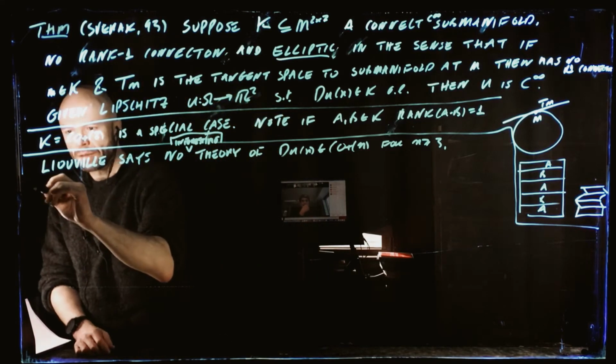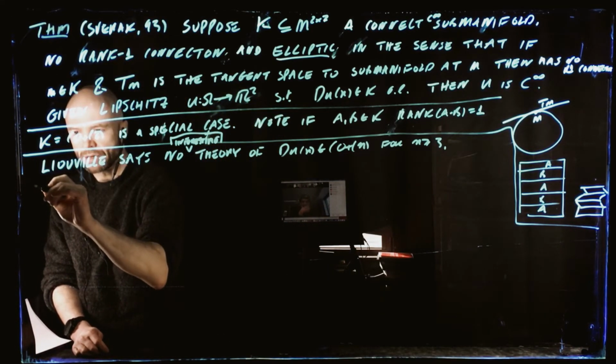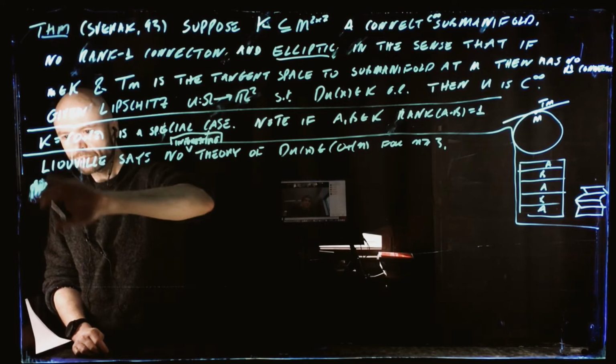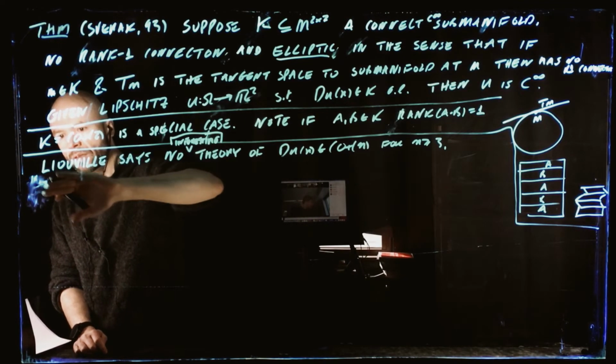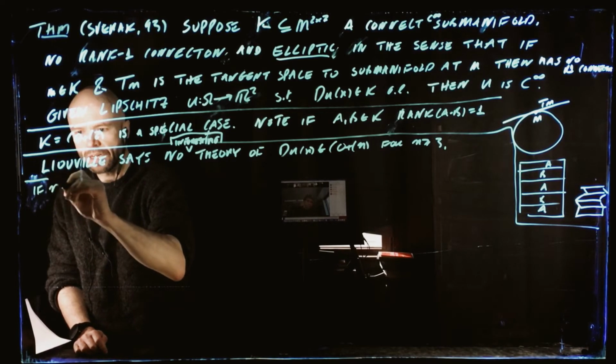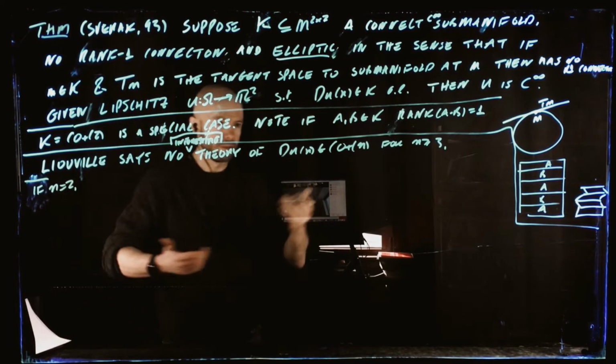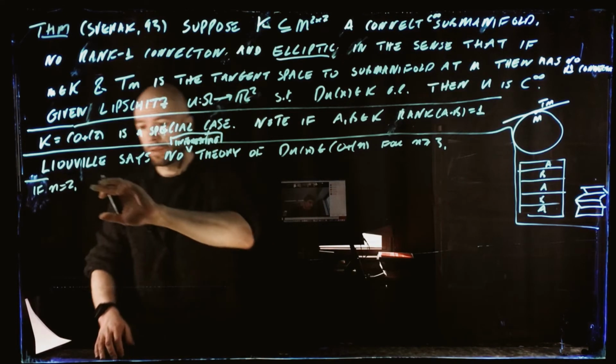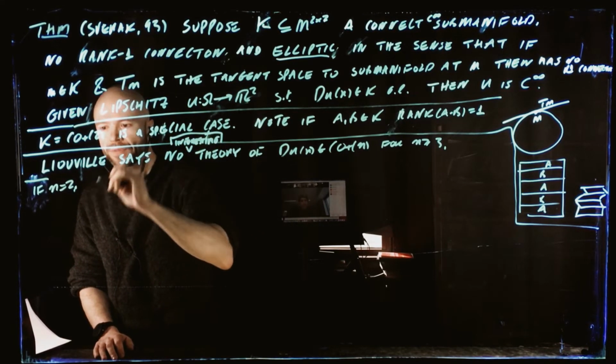So consider this. Let's start where we do have an interesting theory. So if n equals 2, there's an extremely rich theory. This is a course you all did. This is exactly complex analysis, right?